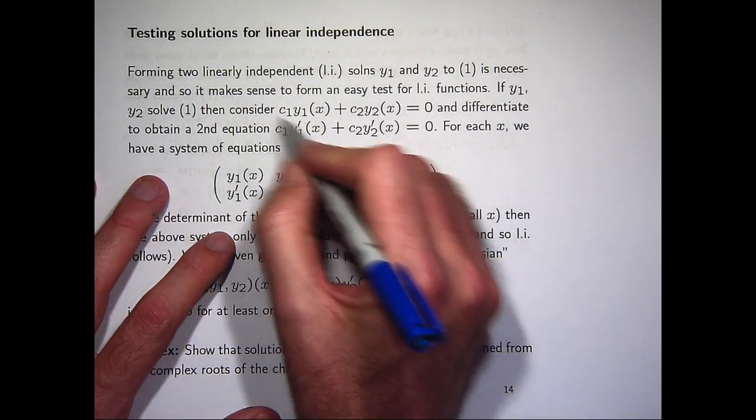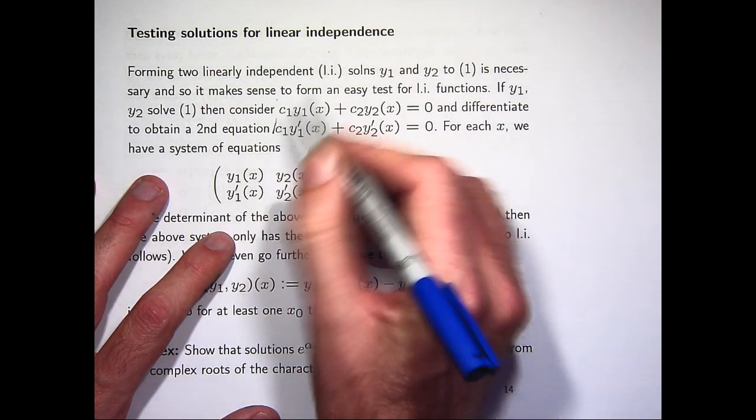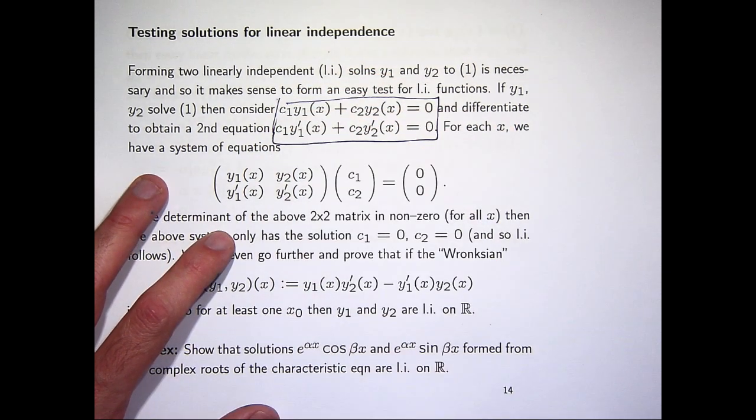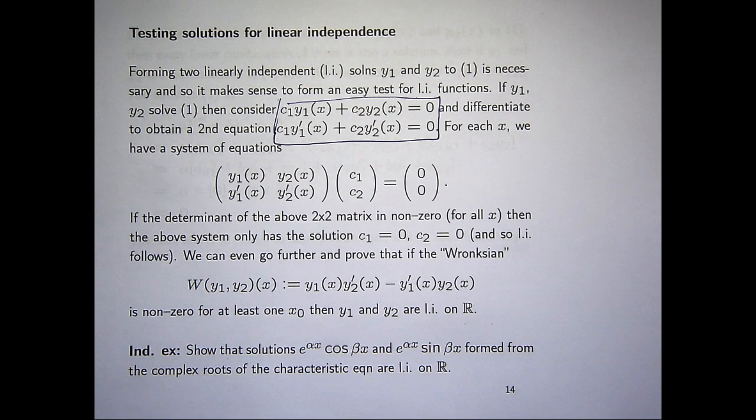Well, you start with this equation here, and if you differentiate it, you'll get another equation. What you want to do is show that the only constants, C1 and C2, that satisfy those boxed equations are C1 equals 0 and C2 equals 0.